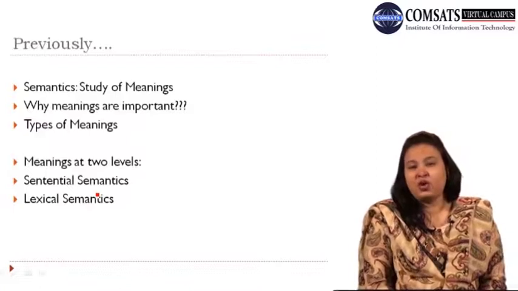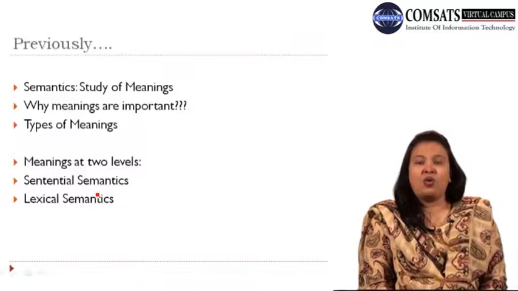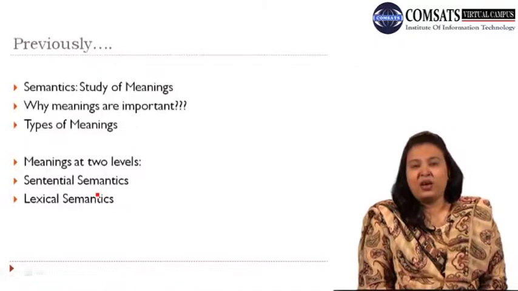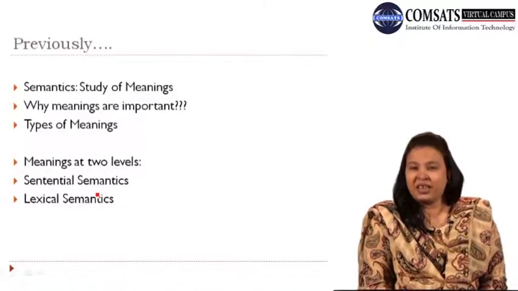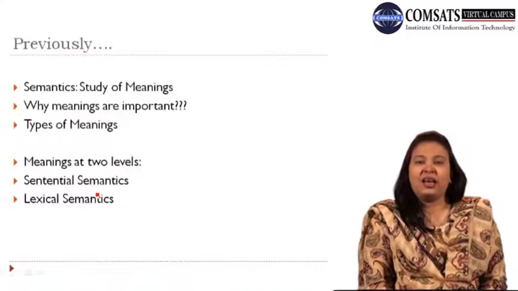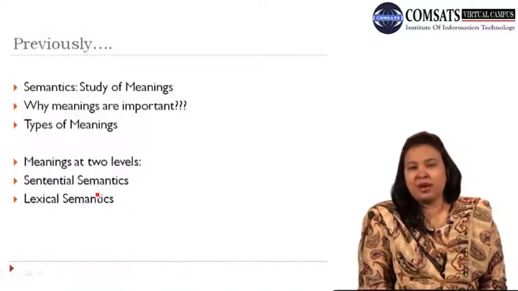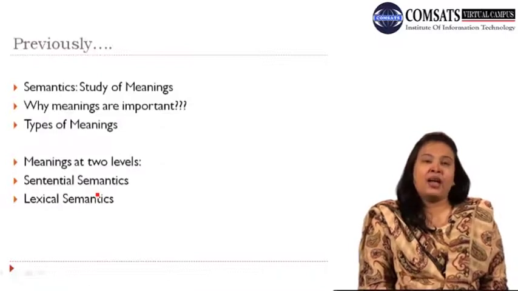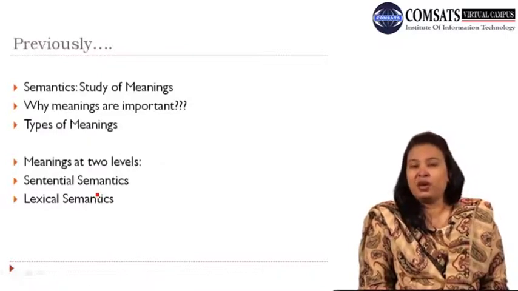In our previous lecture, we discussed in detail sentential semantics, how the meanings are composed for phrases or sentences, and with respect to that, we talked about different methods of calculating meaning. Like we had compositional semantics, which composes the meanings of sentences by getting the meanings of the individual words composing the sentence.